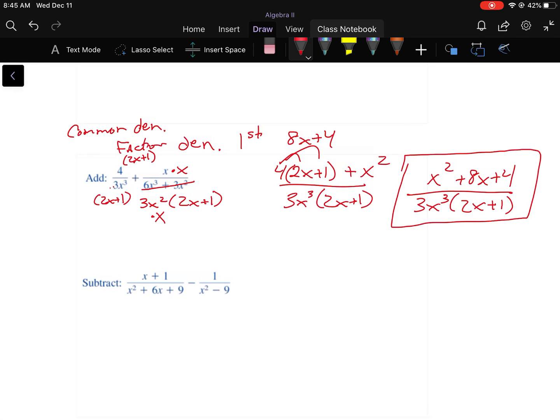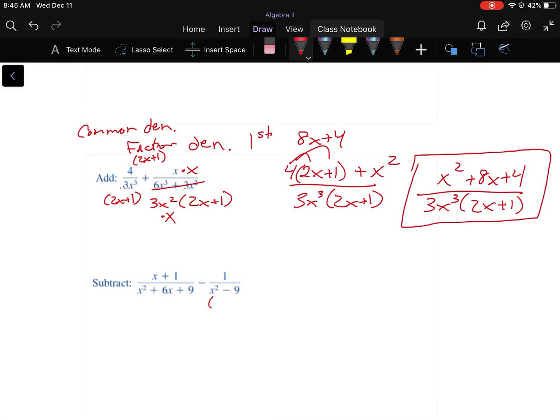Let's try this again. I'll factor x squared minus 9 because I know that's a pattern of x plus 3, x minus 3. So now I'm hoping that this one has x plus 3 in it, and it does, and it's actually another factor of x plus 3. Again, I'm just factoring both denominators. This first fraction had two x plus 3's.